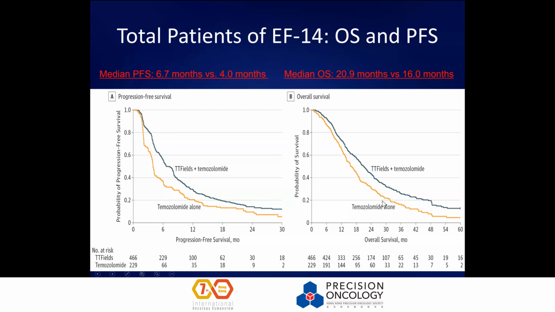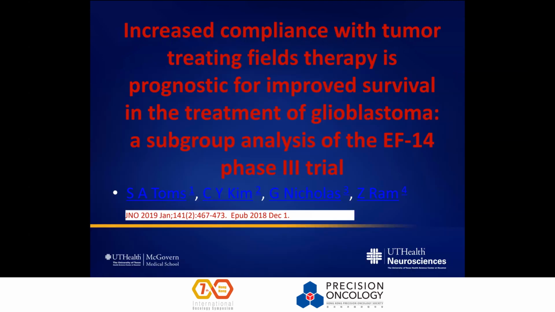So there's a clear difference in overall survival as well as progression-free survival. Based on this data, FDA approved TTF for newly diagnosed GBM. The side effects, again, are skin irritation, with no systemic side effects. This confirmed the observation by EF11.